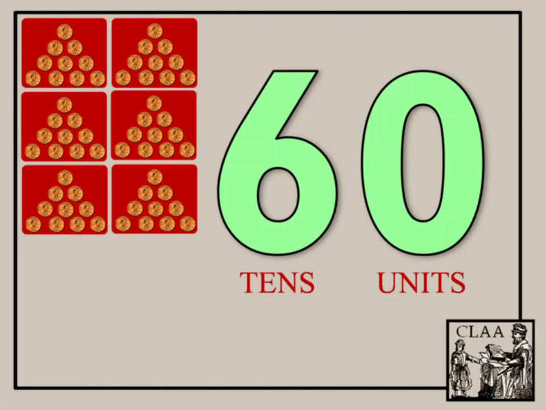If you look at the number 60 written on your screen, you can see that there is a 6 in the tens place to show how many sets of 10 we have, and 0 in the units place to show how many units are left over. 6 sets of 10 is 60.